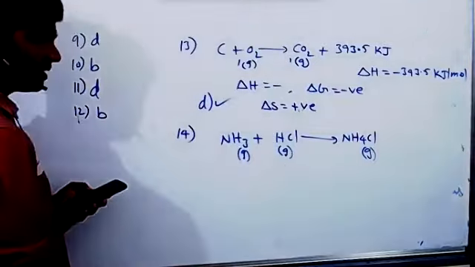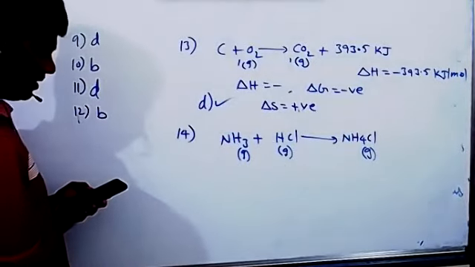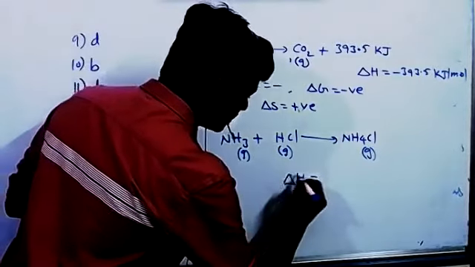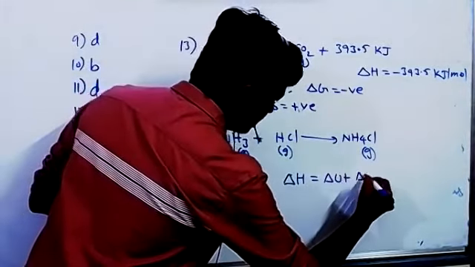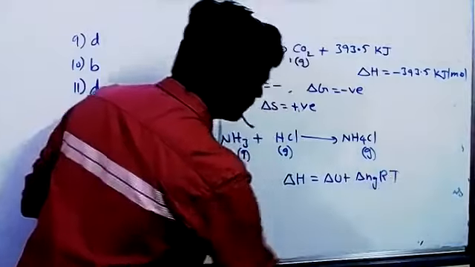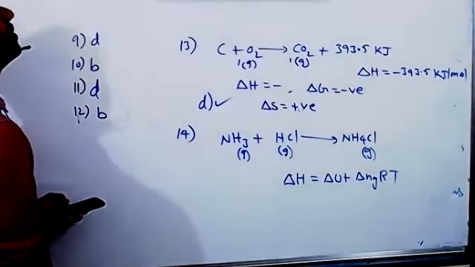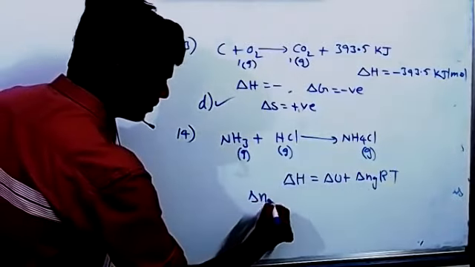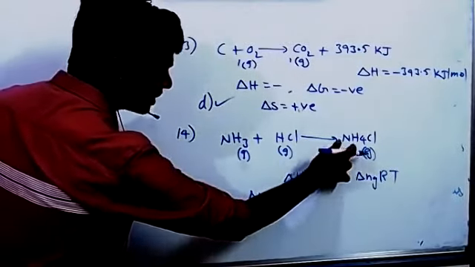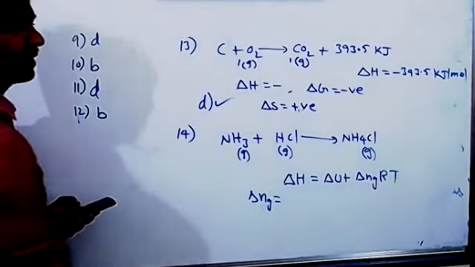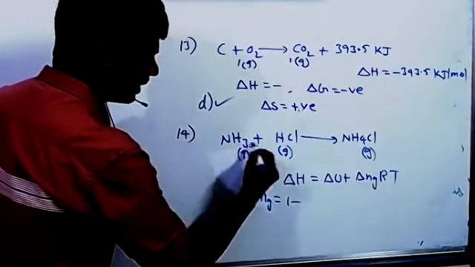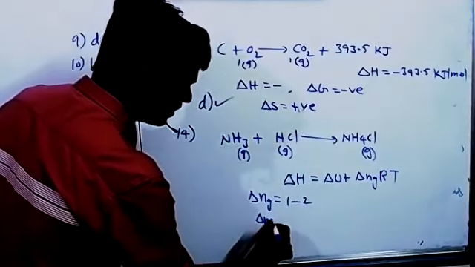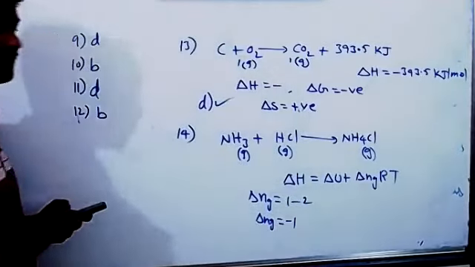So okay, we need to find the relationship between delta H and delta U. We know the relation delta H is equal to delta U plus delta Ng RT. Here calculate delta Ng value: number of moles of gaseous product minus number of moles of gaseous reactant. Product is only 1 mole, gaseous reactant 2 moles. So then delta Ng value is coming -1.